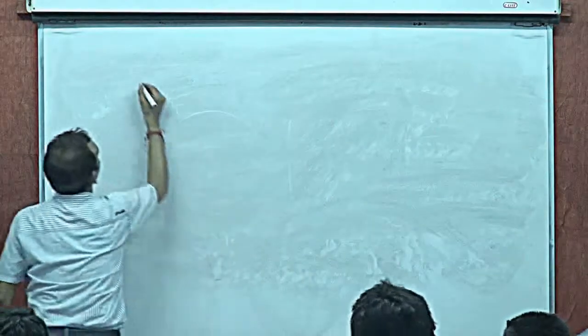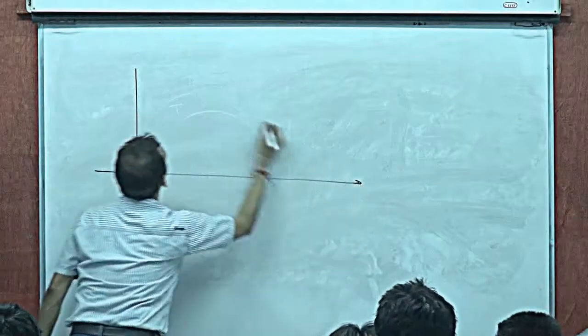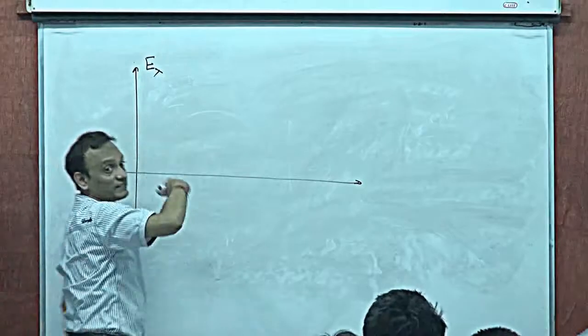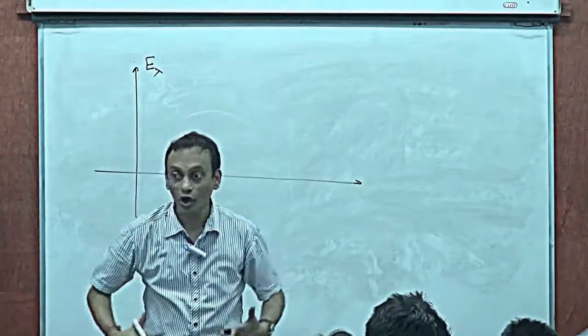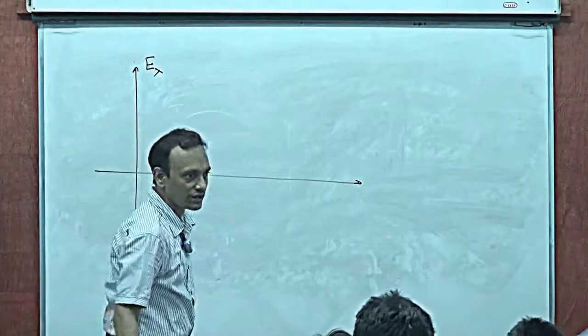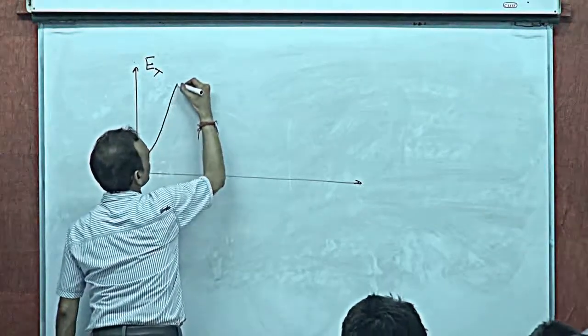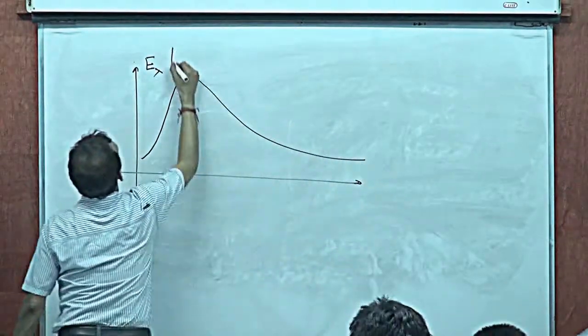Essentially, at a given temperature T, the emission characteristics as a function of the wavelength, like I said, all possible wavelengths are included in this, right? So as a function of wavelength, this is called emissive power.